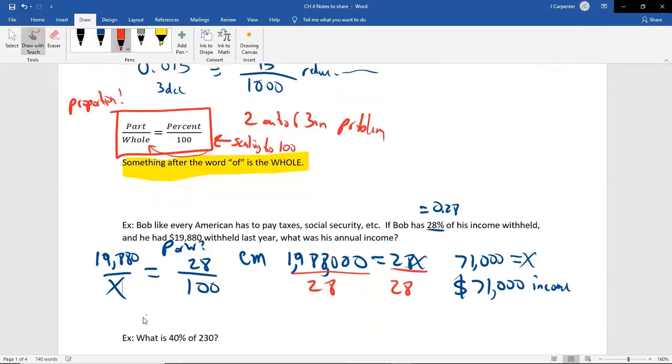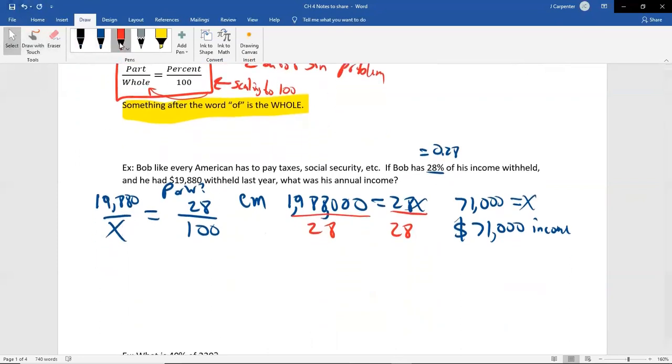So if I'd done this wrong, if I had said the 19,880 was the whole for some reason, I'm just not thinking, I'm not paying attention, I'm doing things quick, I'm talking to other people at the same time, whatever, and I got everything else right, and you put your x there.